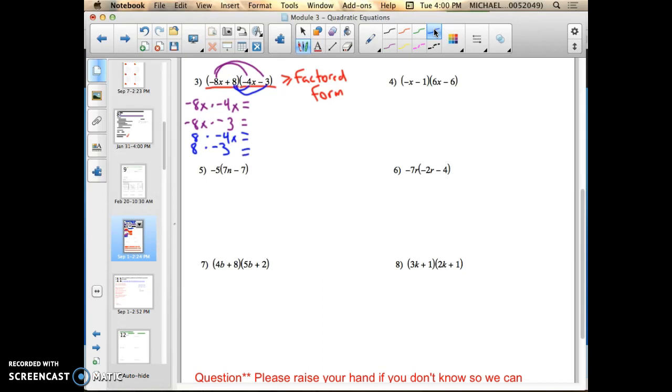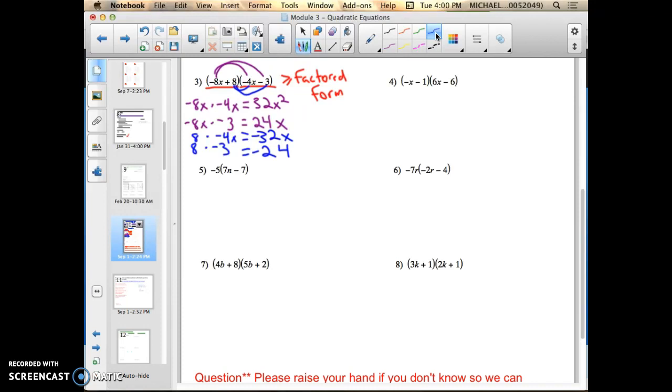Alright, if I'm doing this math then. Negative 8x times negative 4x is a positive 32x squared. Then I have negative 8x times negative 3 is a positive 24x. Switch back to blue. 8 times negative 4x is a negative 32x, and then 8 times negative 3 is a negative 24.